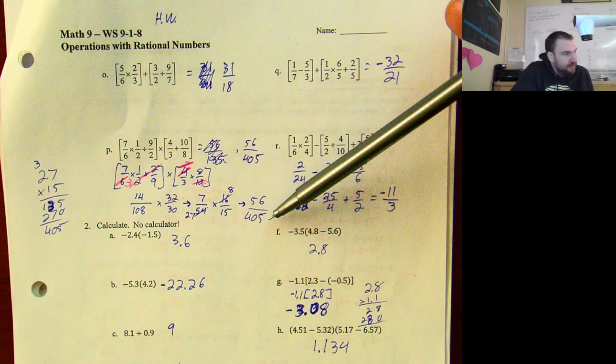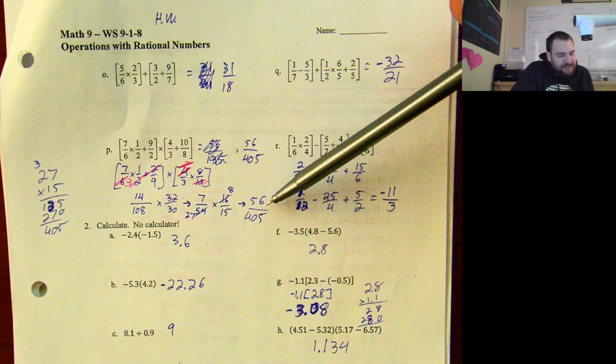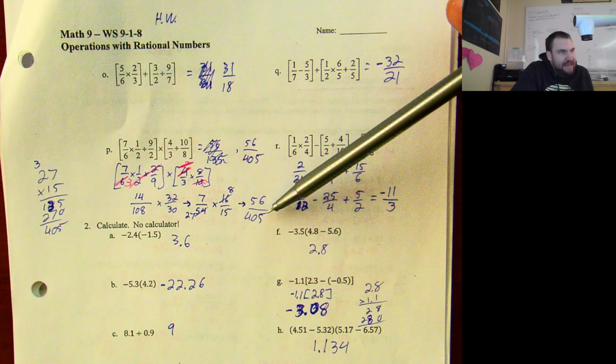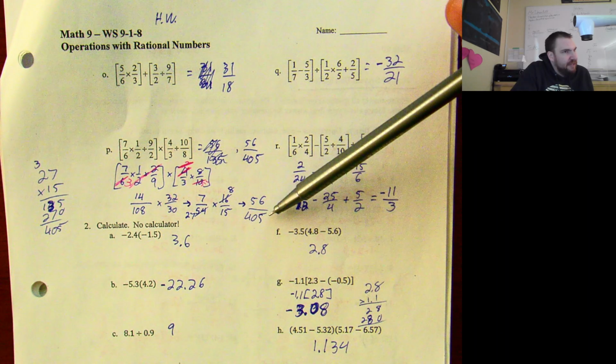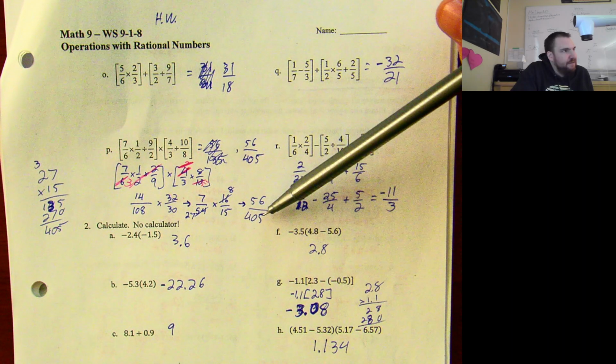Yeah, you gotta be careful with that. 56 is what? 4 and 14, 7 and 8. And I don't think 405 is divisible by any of those things. 405 is divisible by 5, 81 and 5, which makes it divisible by 9 and 45, and that's it. No, P is not reducible.